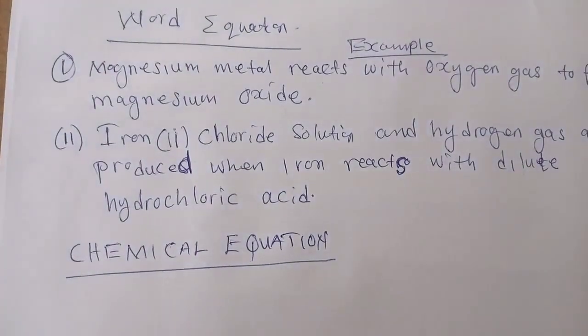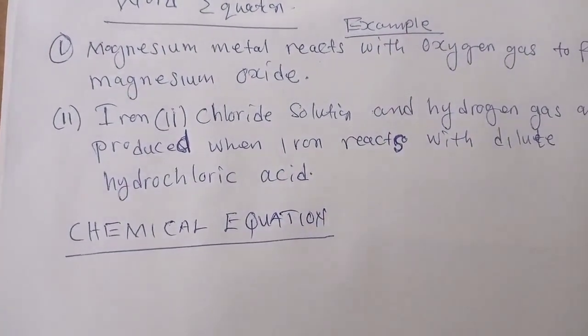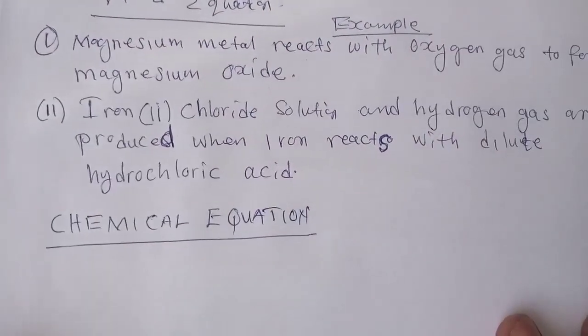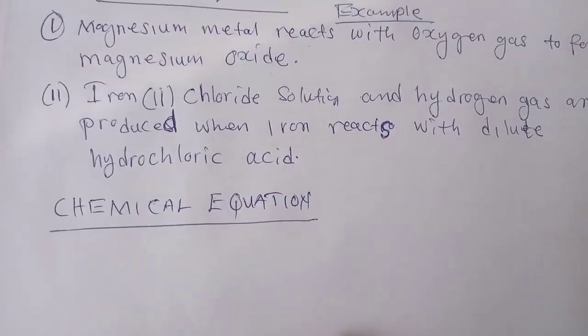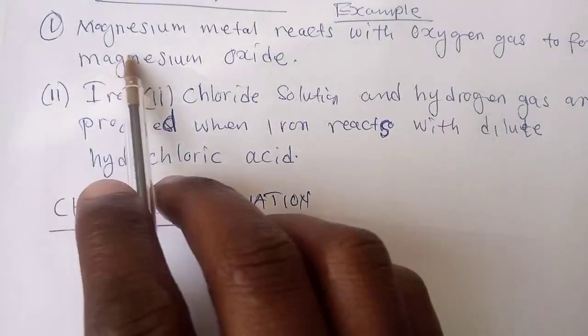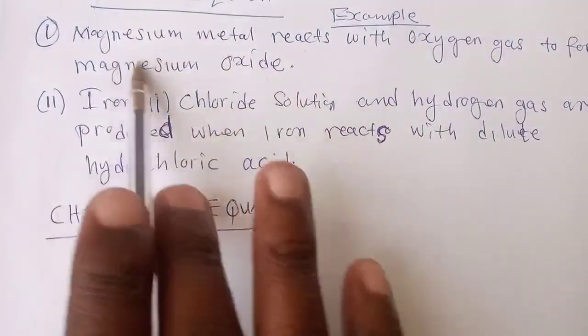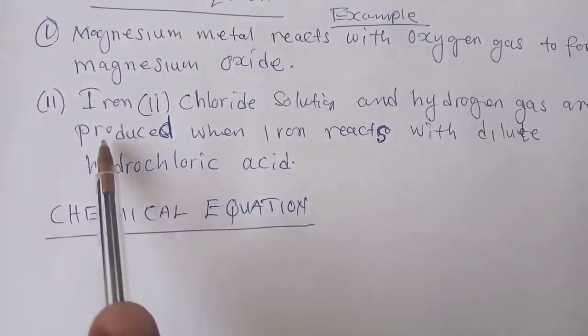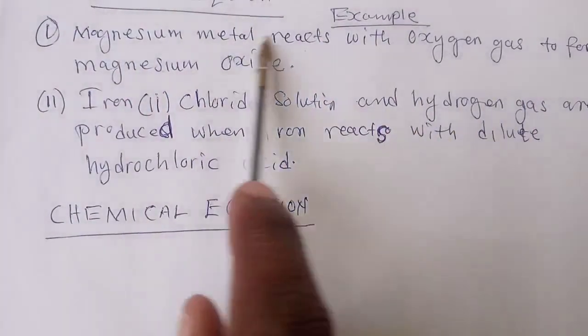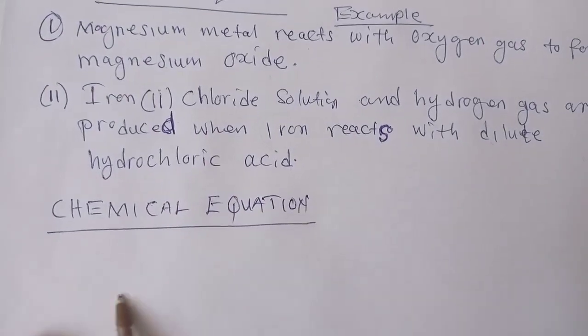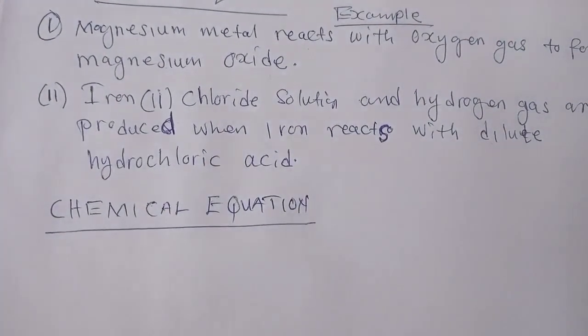A chemical equation is an equation that represents what is happening in the reaction in the form of symbols. So these are now in their symbols, not in their names. In a word equation you write their real names, but in a chemical equation you write them using their chemical symbols.